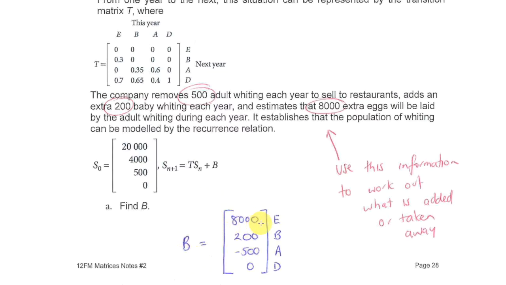So 8,000 are added, we write that as positive 8,000. There's 8,000 eggs which are added to it. There are 200 babies which are added. We take out 500 adults to sell to restaurants, so that's minus 500. And at no stage are we adding any dead, so we just leave that as 0.